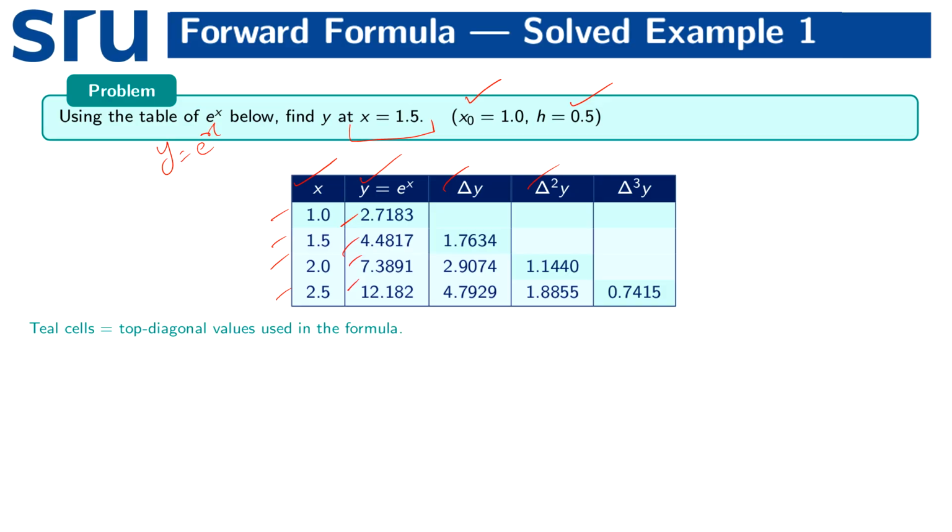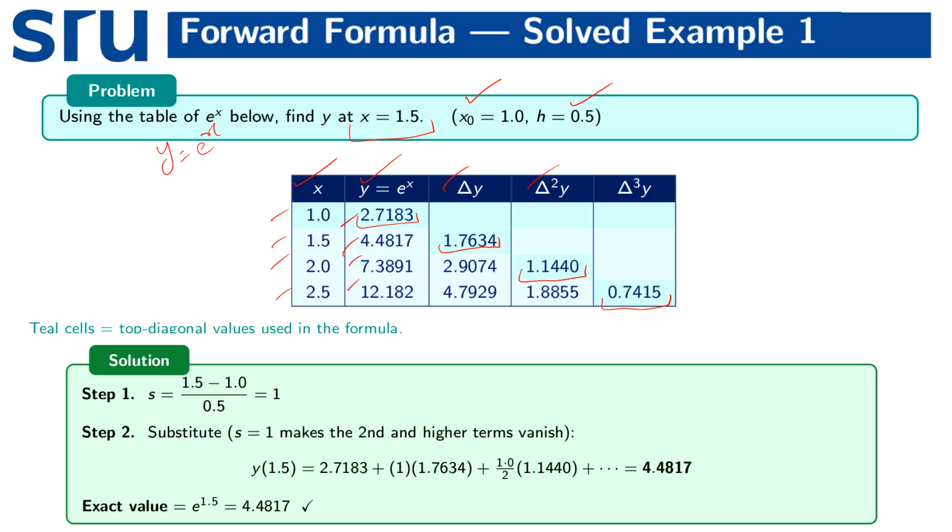The highlighted teal values represent the top diagonal elements which we use in the formula, that is y_0, Δy_0, Δ²y_0, and this last value Δ³y_0. So let us begin.